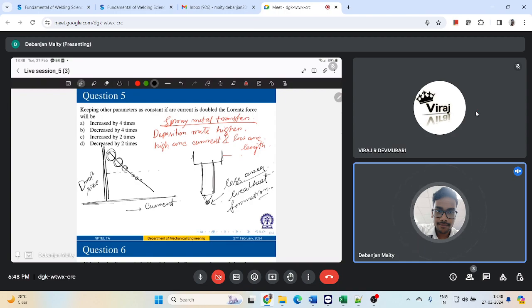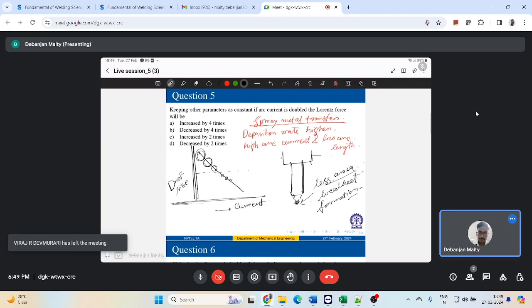As a result, the electrode which was heated a lot becomes plastic, and that results in the tapered shape of the electrode end, right?